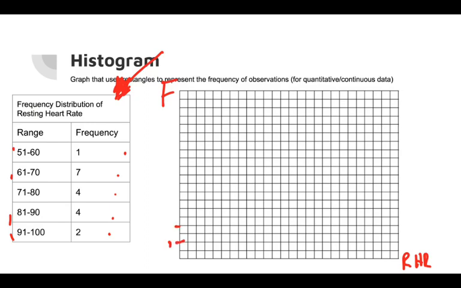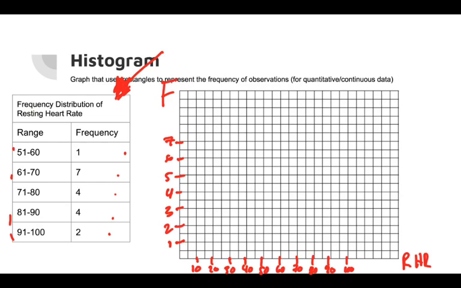So maybe we'll call this 1, 2, 3, 4, 5, 6, 7. That fits. And then with my plot ranges, if I called this 10, 20, 30, 40, 50, 60, 70, 80, 90, 100.